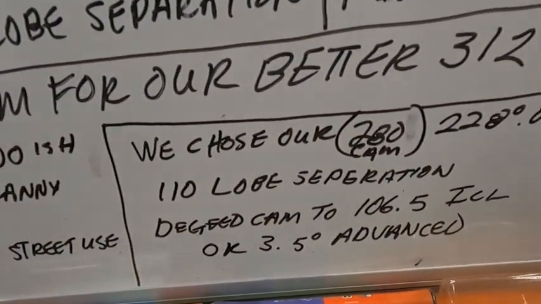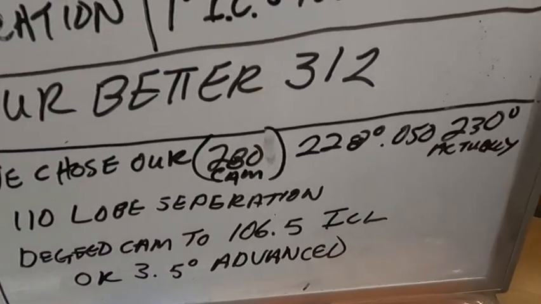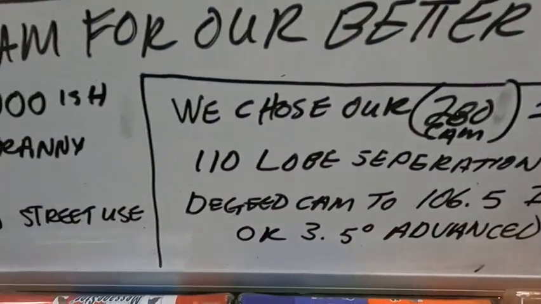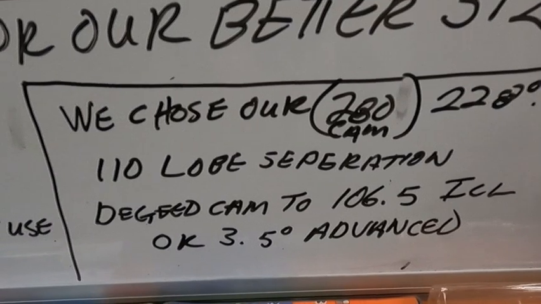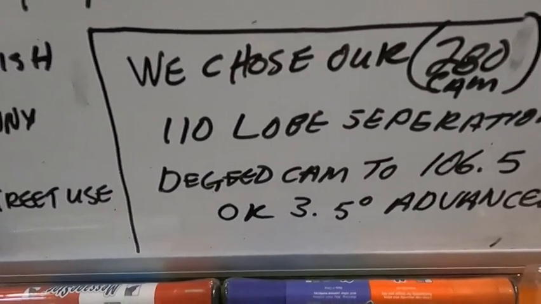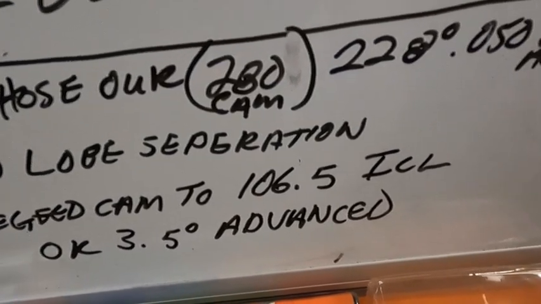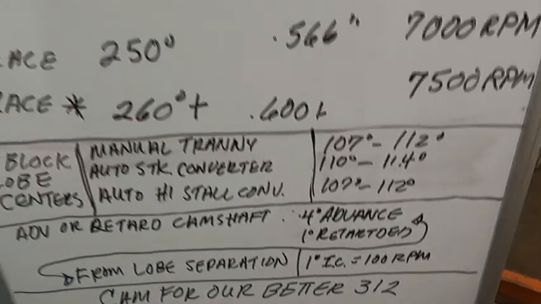So we ended up choosing our 280 cam. It's 228 at 50. When we degreed it, it actually came out 230. It's on a 110 lobe separation. And the cam was degreed 3.5 degrees advanced to a 106.5 intake centerline.